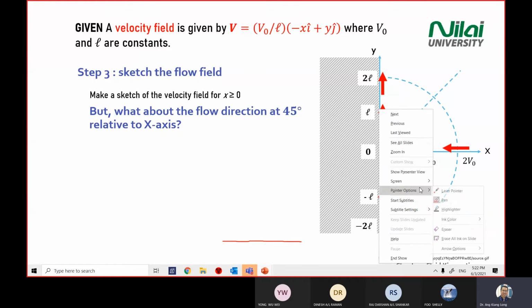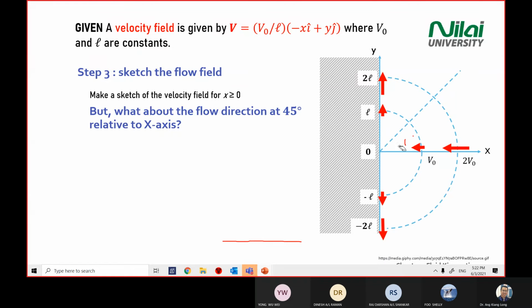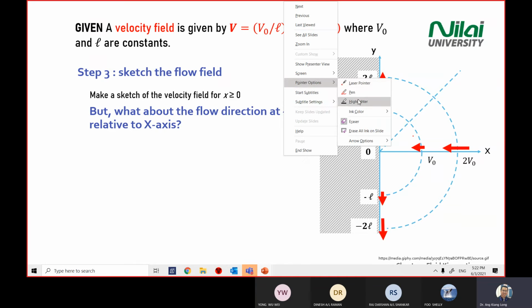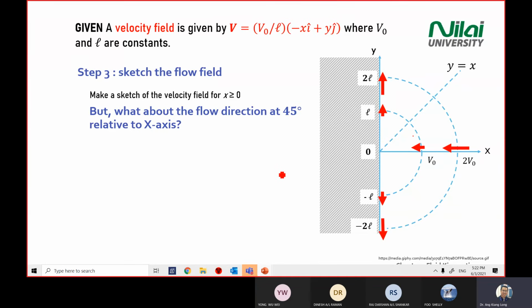Let me erase. And then, if you draw on the Cartesian plane at 45 degrees, you know that you have 45 here, 45 here, you'll get a straight line, y equal to x. If you're not sure, you just go and buy a grid paper.